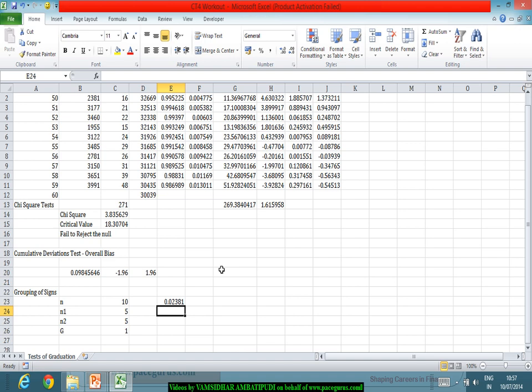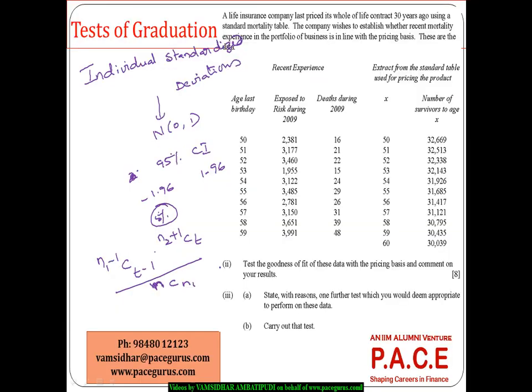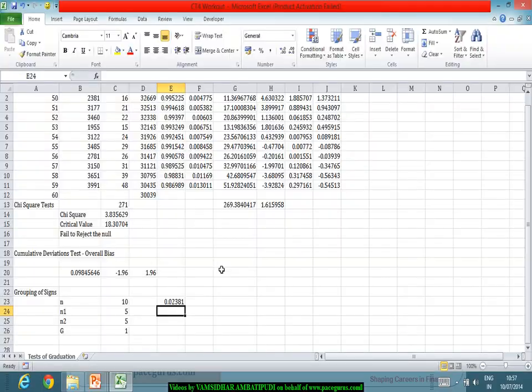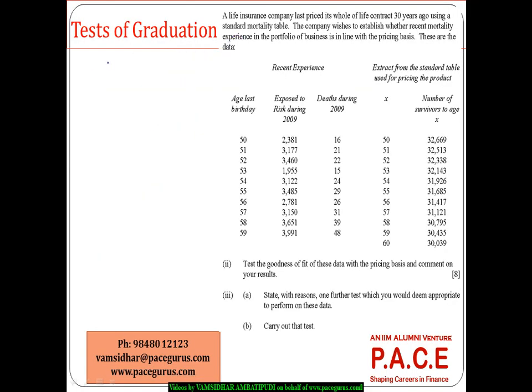Probably just to understand, I can even get into a signs test, right? When we are going with a signs test, instead of grouping of signs, I can look at a signs test wherein again I am interested in looking at the overall bias in the pattern.